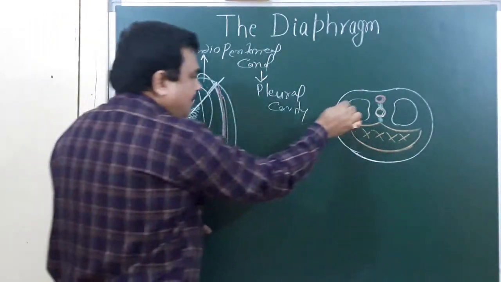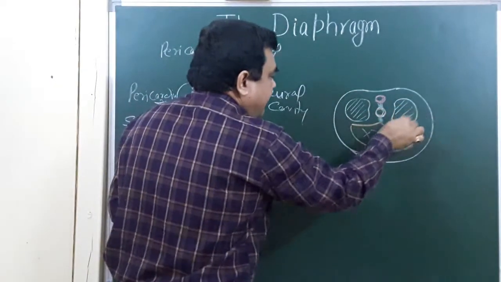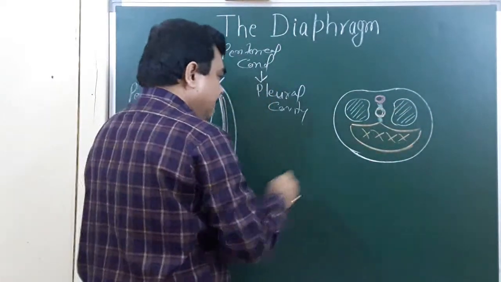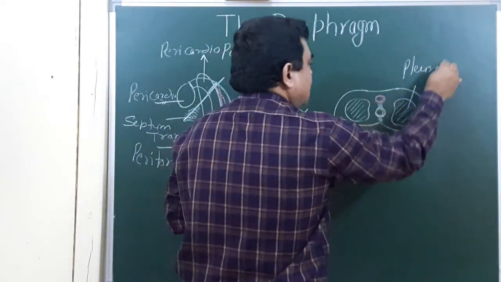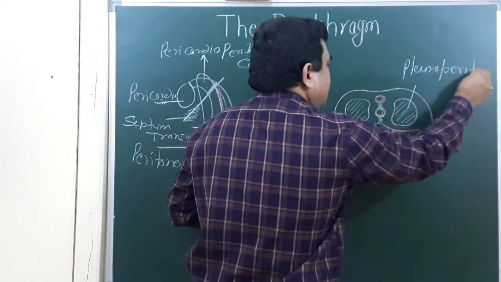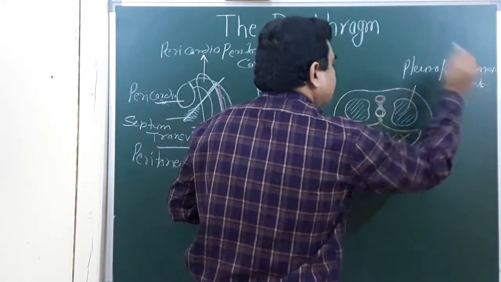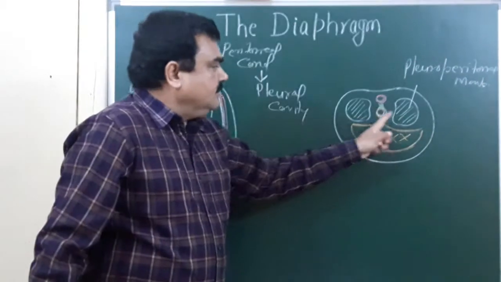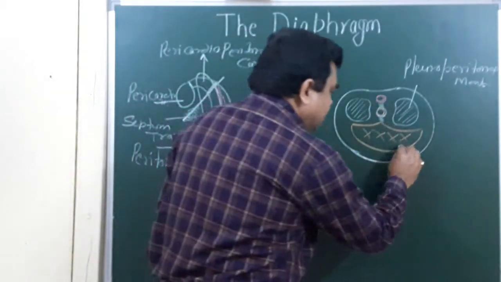So this is covered by a membrane, known as the pleuroperitoneal membrane. So these two pleuroperitoneal membranes, this is septum transversum.